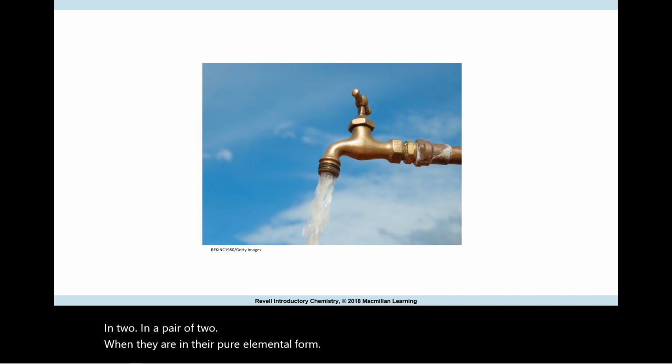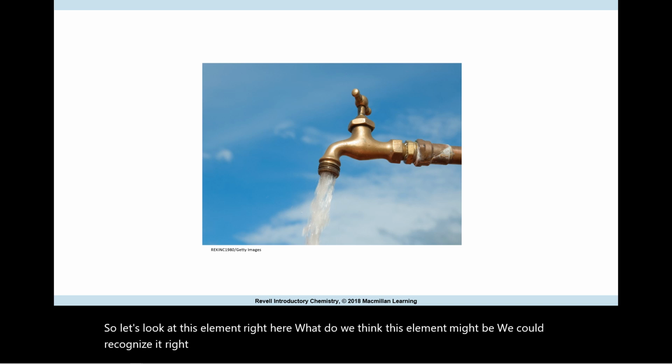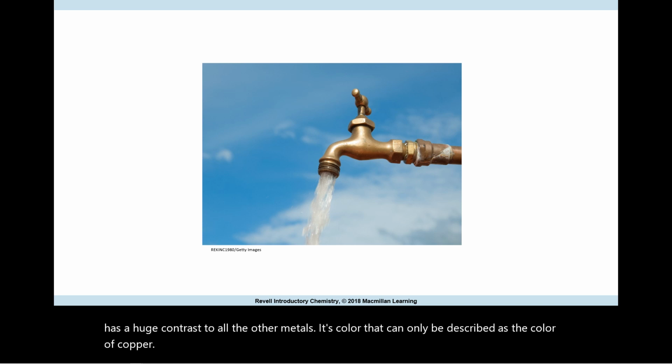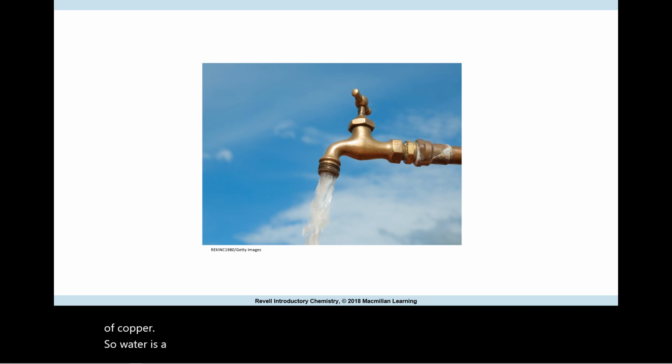All right, so let's look at this element right here. What do we think this element might be? We can recognize it right away by its physical characteristics. This element is copper, right? Copper has a huge contrast to all the other metals. Its color can only be described as the color of copper. So water is a molecule and copper is an element.